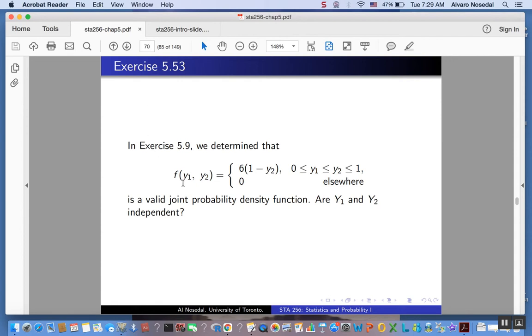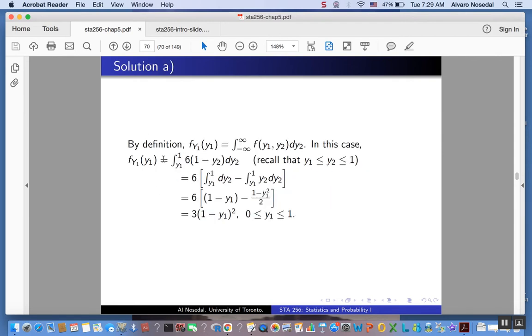So we have the joint f of y1, y2 equals 6 times 1 minus y2, if we wanted to use x and y instead of y1 and y2. Anyway, so let me show you the joint.